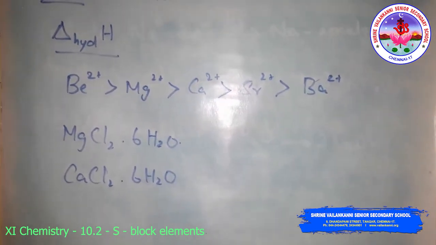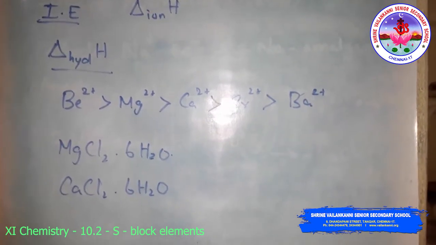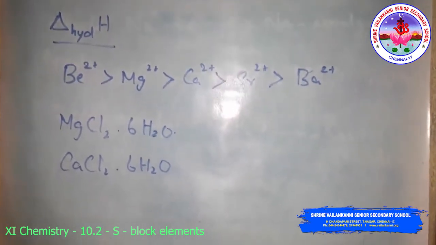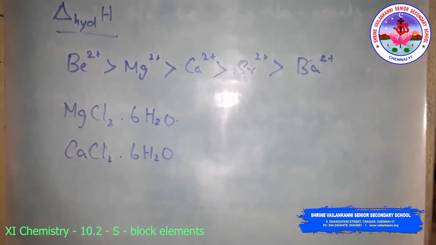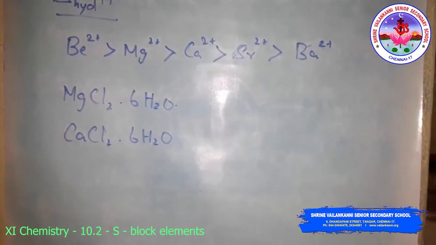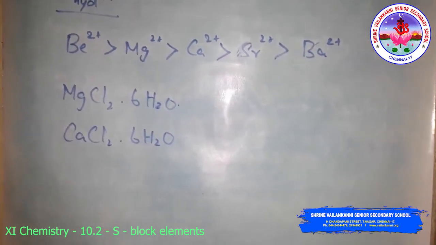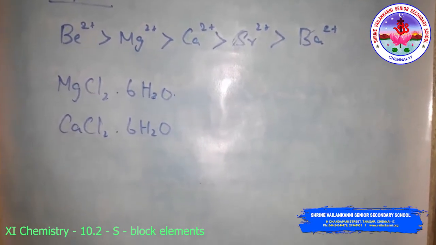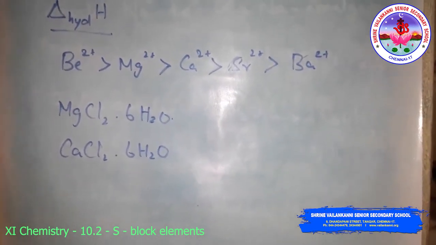Then the physical properties of the group 2 elements. They are generally silvery white, lustrous and relatively soft, but harder than the alkali metals. Beryllium and magnesium appear somewhat grayish. The melting points and boiling points are higher than those of the alkali metals because of the small size.